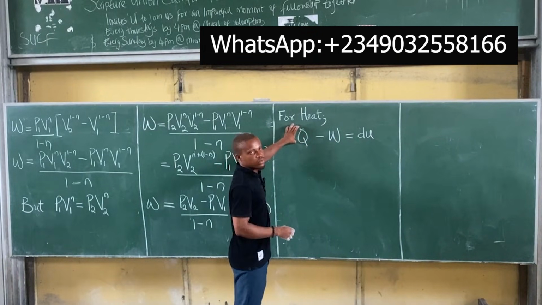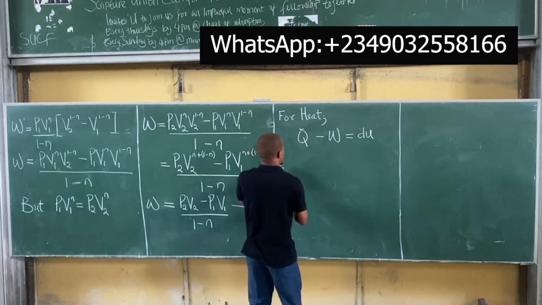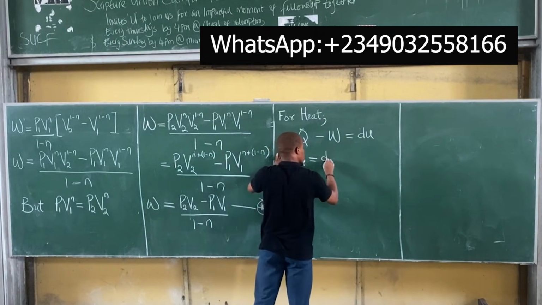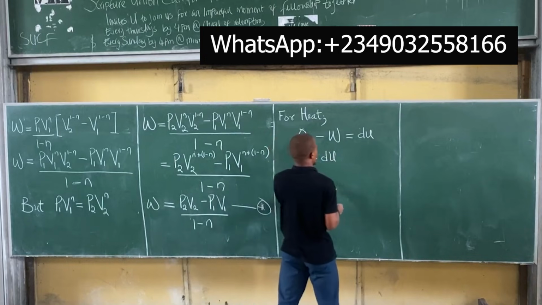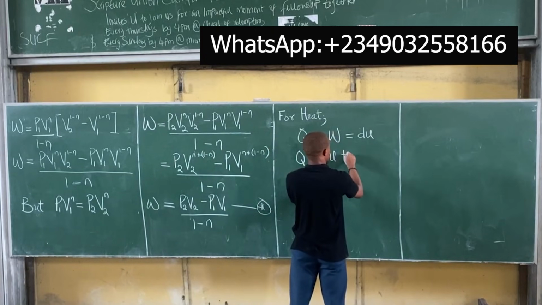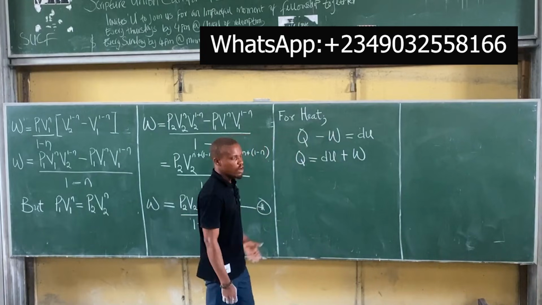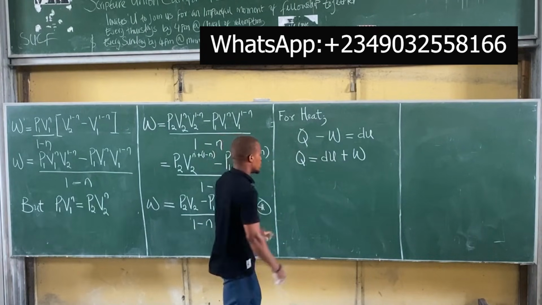Therefore, what is our heat transfer? Let's make Q subject of formula. We then have Q equals dU plus W. Now we've gotten our value for heat transfer.